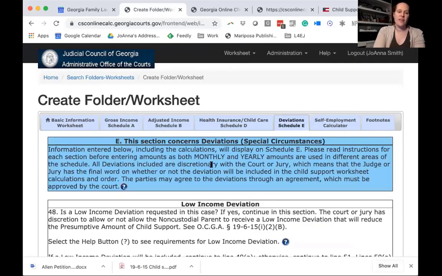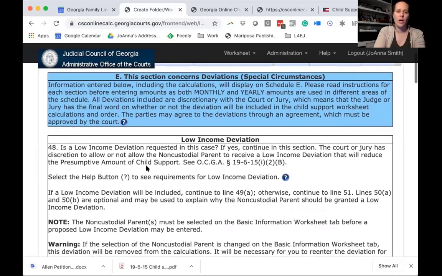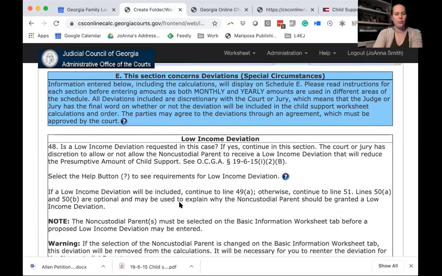The next tab is deviations. There's some debate going on right now about the low income deviation. Basically what this says is if the party who's supposed to pay child support has very, very low income, it will reduce the amount of child support they're supposed to pay.